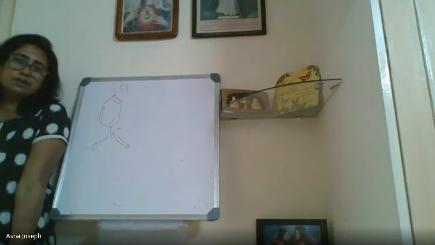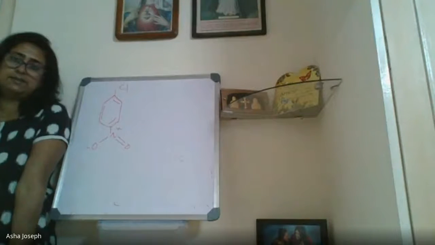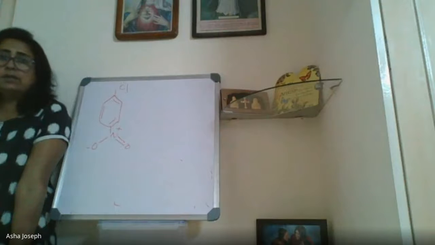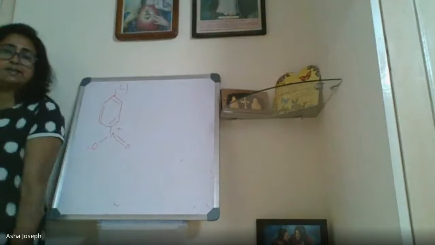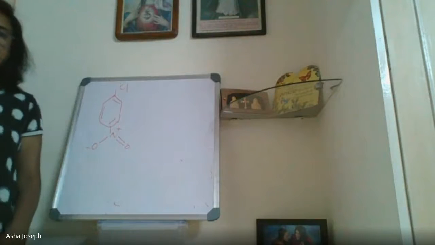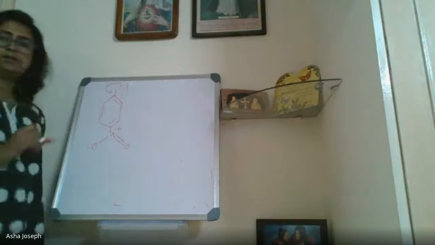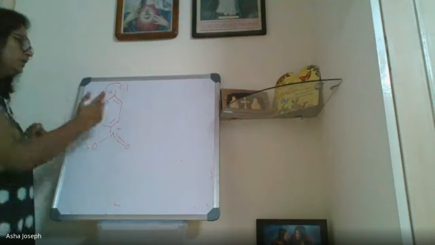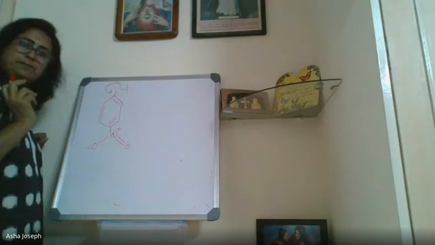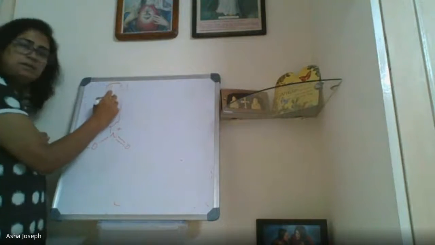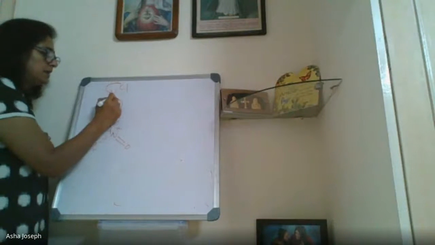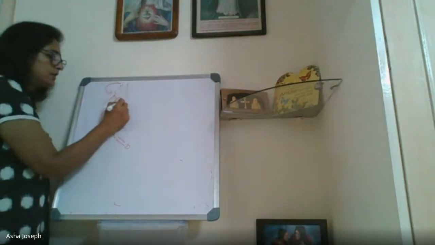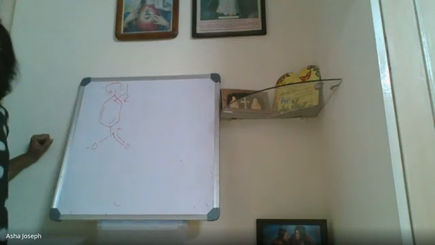When it is withdrawing electrons, we say minus I effect. Chlorine is having another effect which is opposite to the minus I effect. That is the resonance effect, which means it will give electrons to the ring. If it gives electrons, a double bond will be formed here. Then this carbon's valency becomes 5, so this bond has to shift.